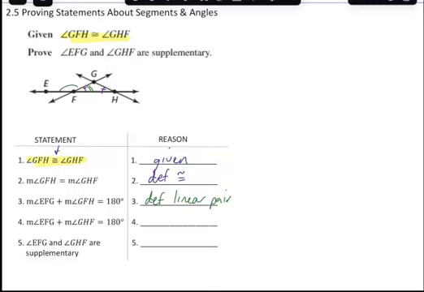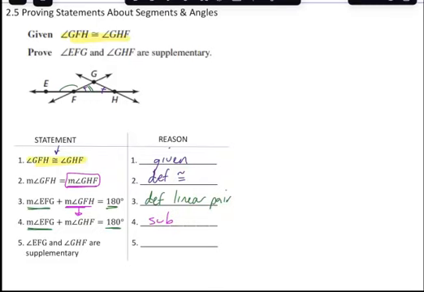All right, so what would then allow you to create this next statement, statement 4? You see statement 4 is almost identical to statement 3. The only difference is that we replace this measure with angle GHF. What allows us to replace one thing with its equivalent? Substitution, right? So in statement 3, we replaced the measure of angle GFH with its equivalent, which is angle GHF from statement 2.